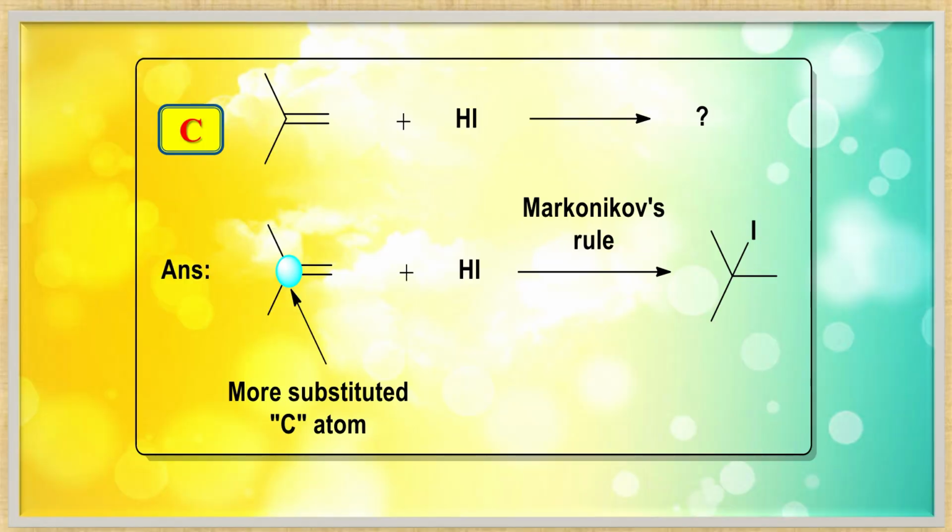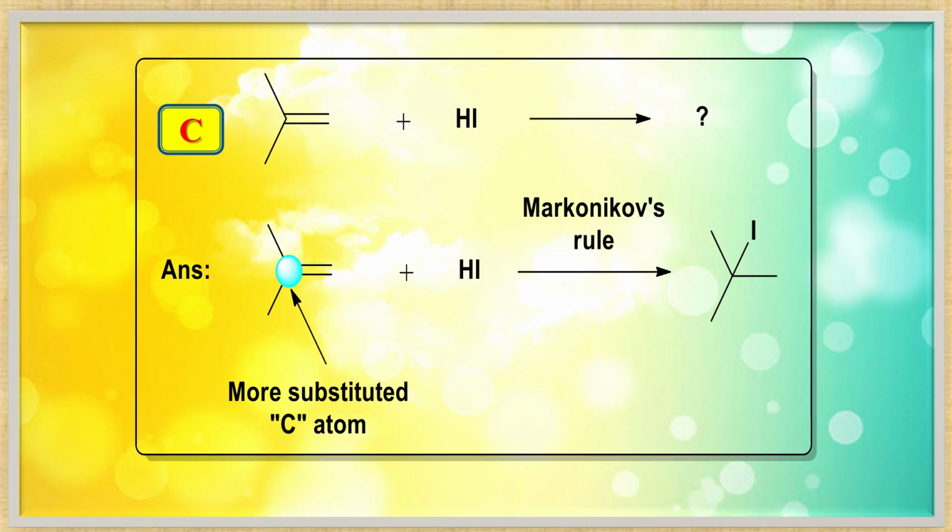Next question you see. Here an alkene is there, called isobutylene. You see the answer. I have added HI molecule, and it is a Markovnikov addition, because the marked carbon atom is least substituted.